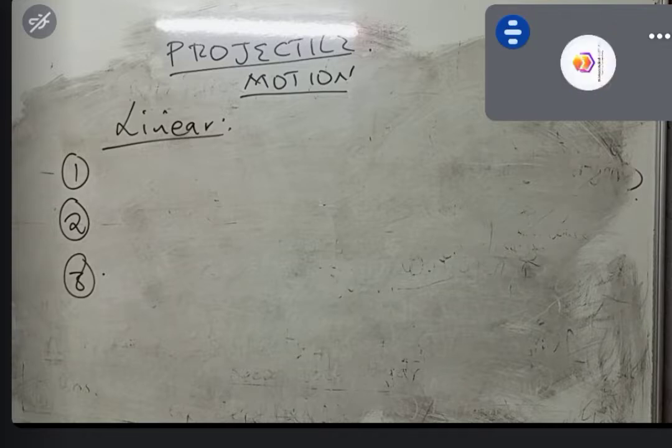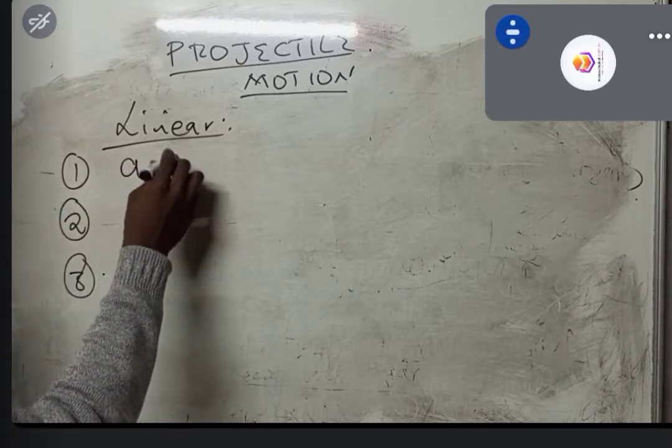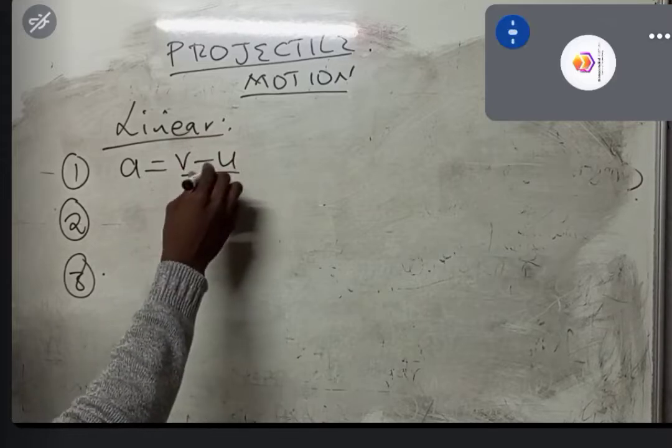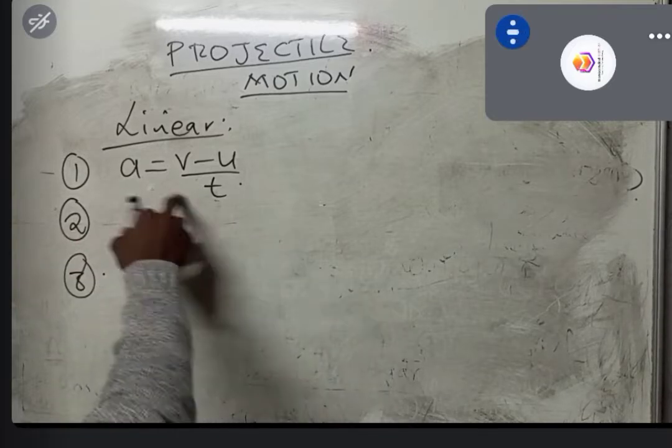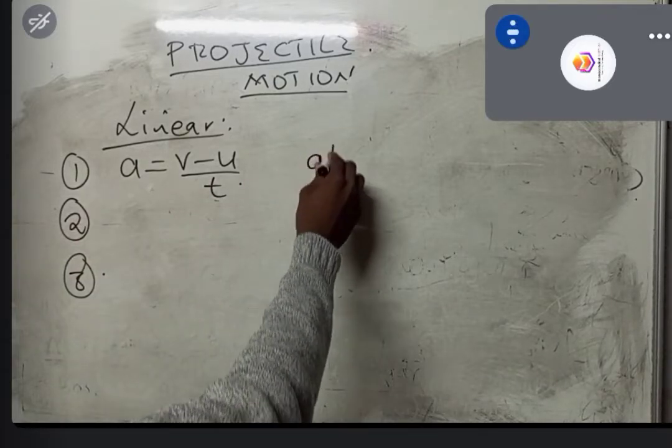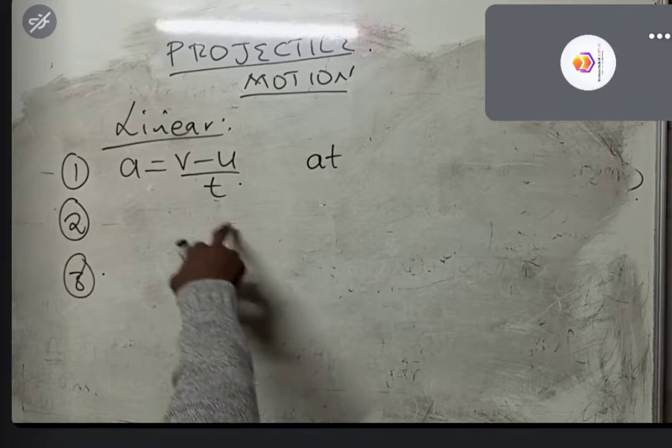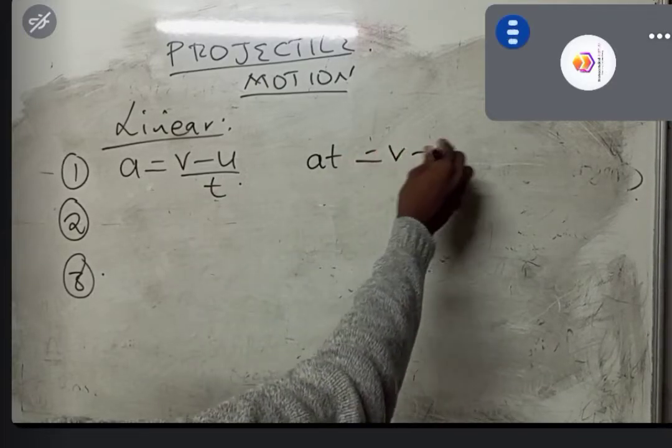No, not that one. That one is out. So you're saying acceleration is equal to v minus u over t. Cross and multiply: what are we going to have? t times a, that is a t, equals v minus u.